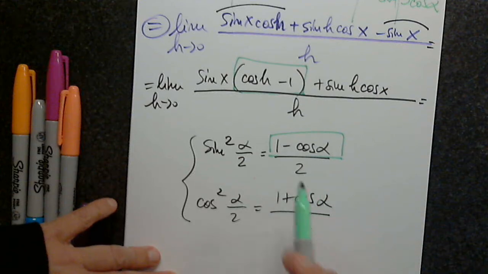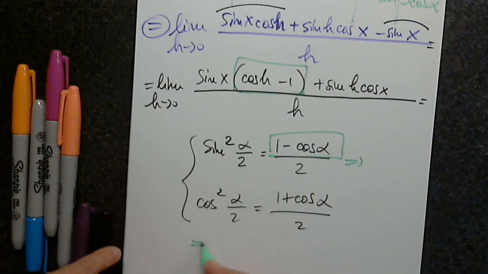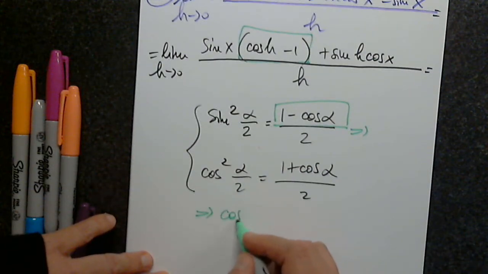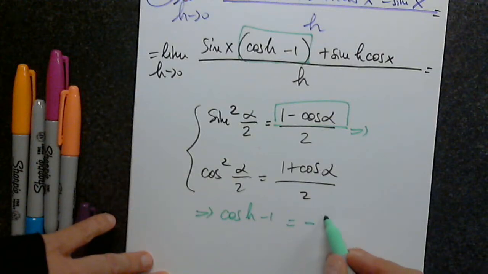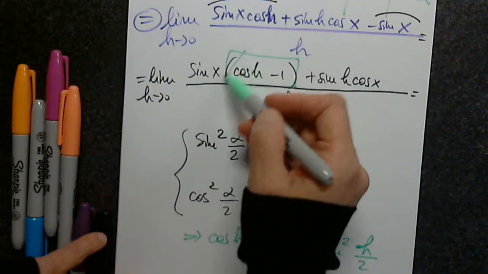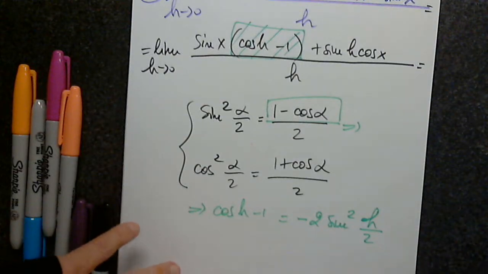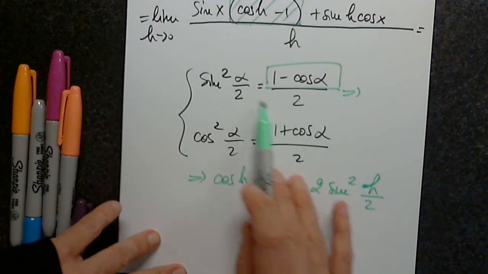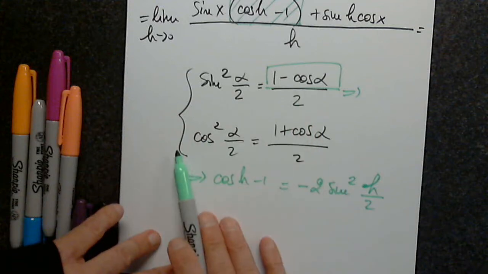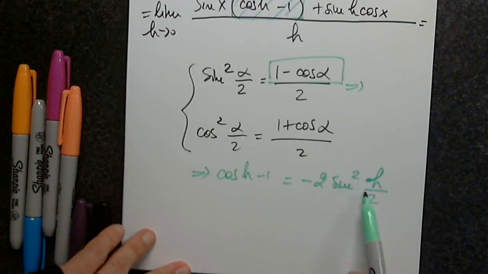So cosine h minus 1 is -2 sine squared h over 2. I'm going to replace this piece by -2 sine squared h over 2.